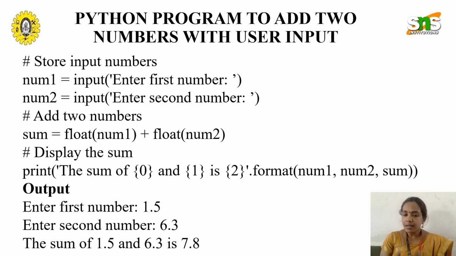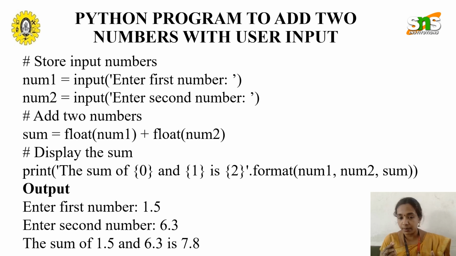Display the sum. As I have told already, print. I have to print the output. Print with a quotation with an open bracket, the sum of. What's the first value which I am getting at num1 will be displayed here. What is the second value which I am getting from the user at position num2?